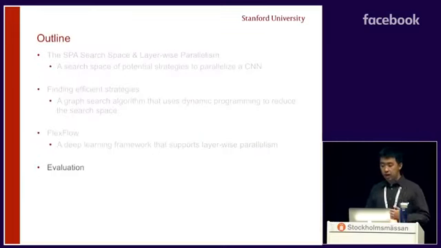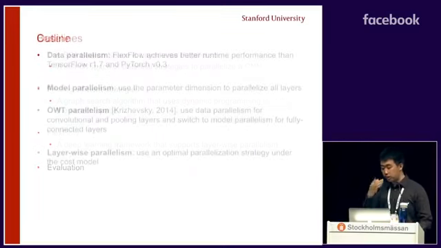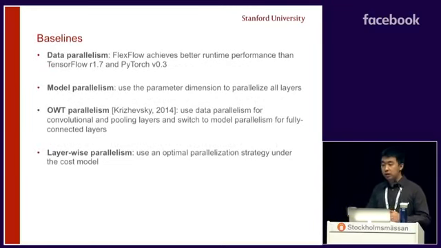Next, I will talk about our evaluation. The first baseline is, of course, the most commonly used data parallelism approach. We run data parallelism experiments on TensorFlow, PyTorch, and FlexFlow, and we found that FlexFlow always achieves better performance than TensorFlow and PyTorch, which means our implementation of FlexFlow is optimized and efficient.